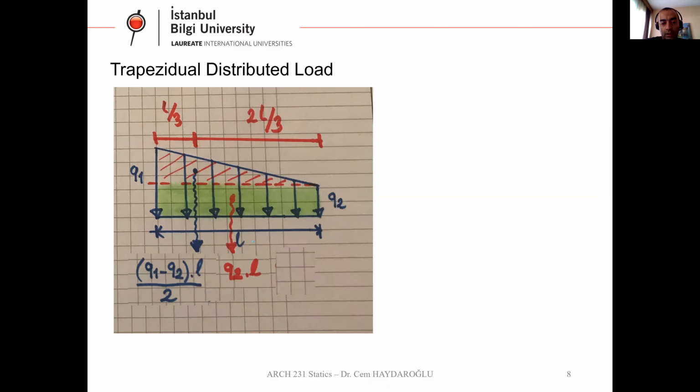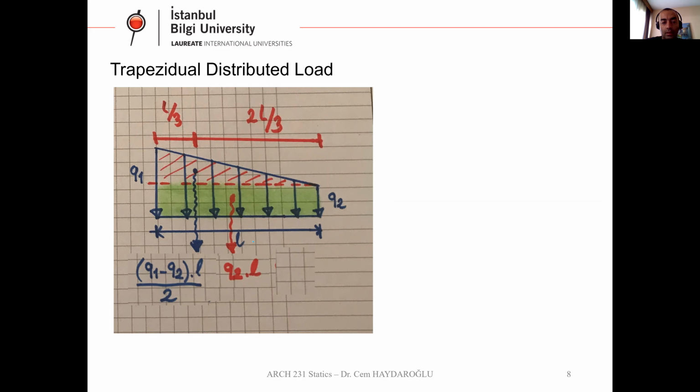Take a look at the rectangle, the green area, calculate the area, Q2 times L. This is the magnitude of this green area. Location is the midpoint of this rectangle, L over 2.